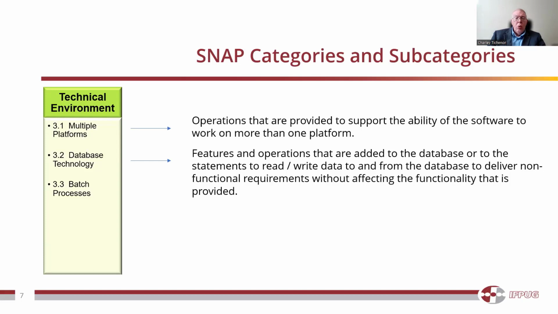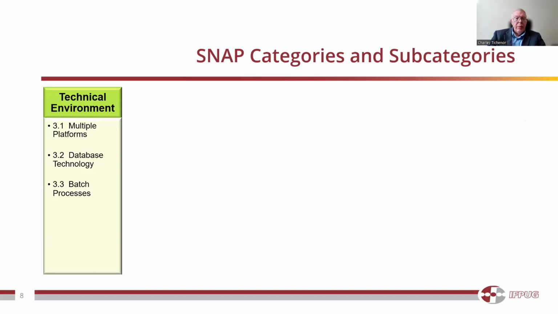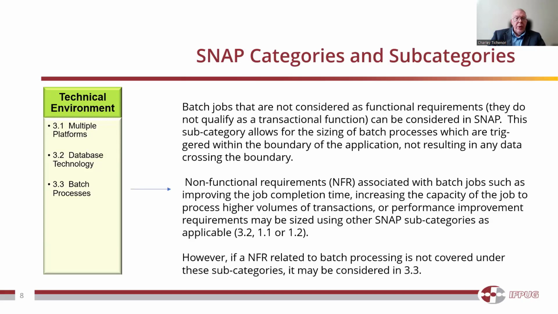So that work would be countable under SNAP. And here's the definition for database processes. For batch processes, batch jobs generally are not counted under function points, but batch jobs can be counted under SNAP.